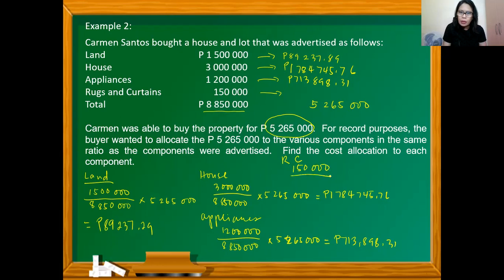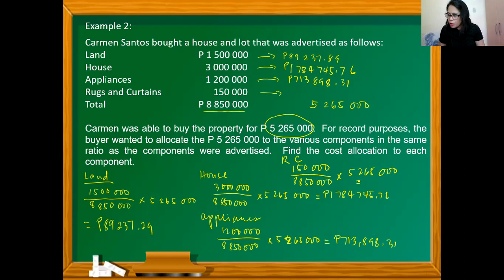150,000. Again, all over 8,850,000 times 5,265. There. So we have 150,000 over 8,850, okay, times 5,265.123.